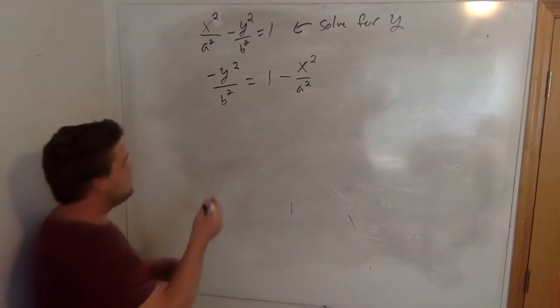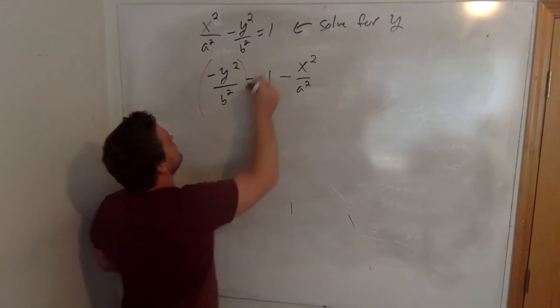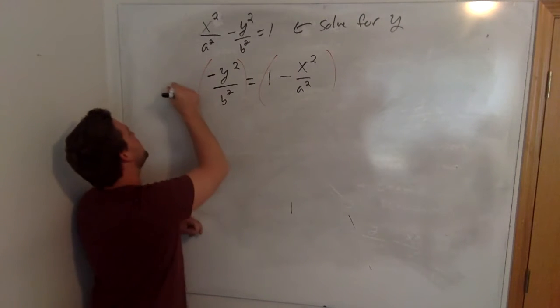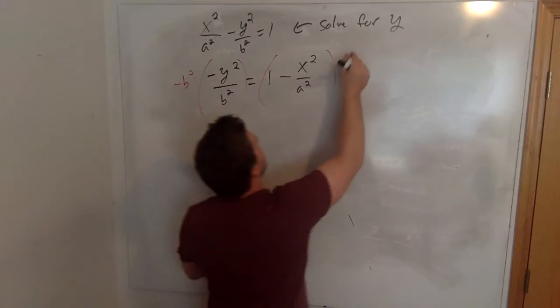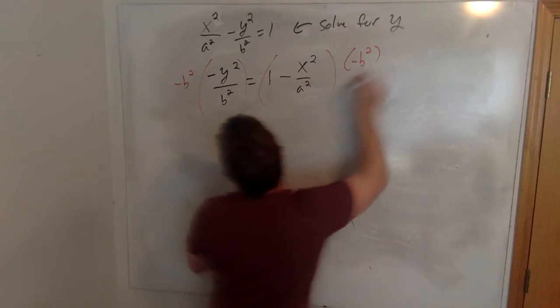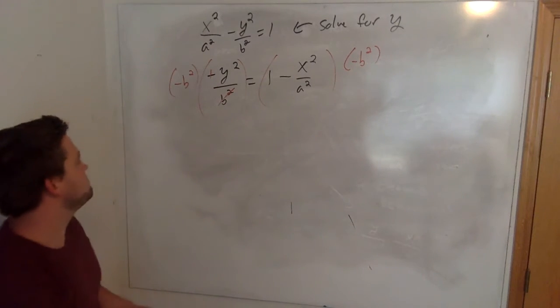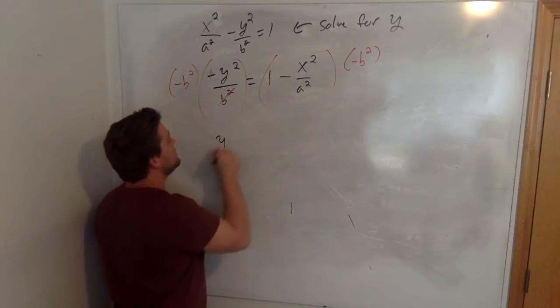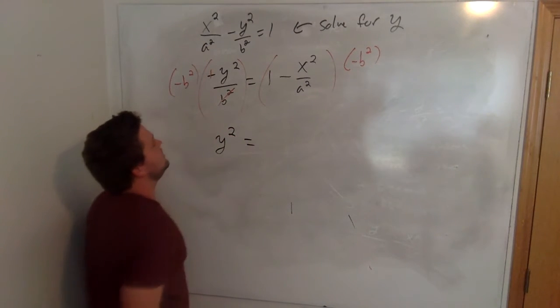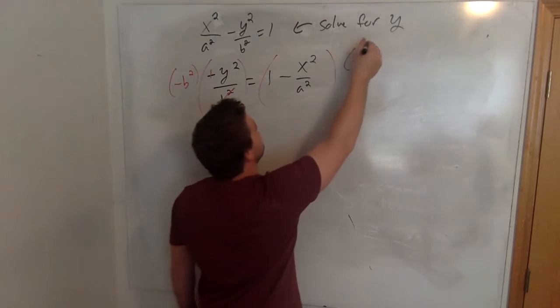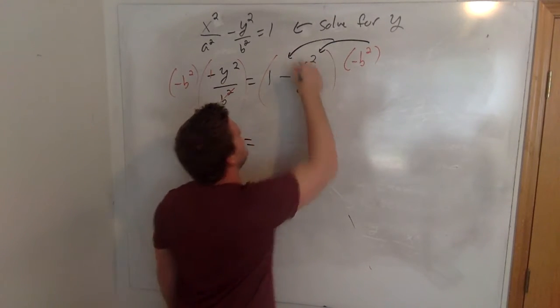Then we could multiply both sides by negative b squared. That'll get rid of this negative and this b squared. So we'll have that y squared will be equal to, let's distribute in this negative b squared.